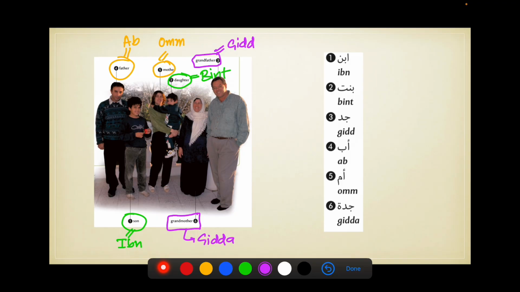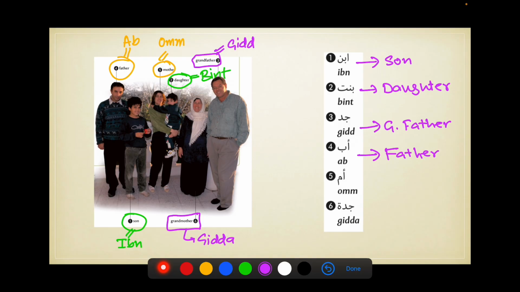So again, Ibn is for son, Bint is for daughter, Gid is for grandfather, Ab is for father, Um is for mother, and Gidda is for grandmother.